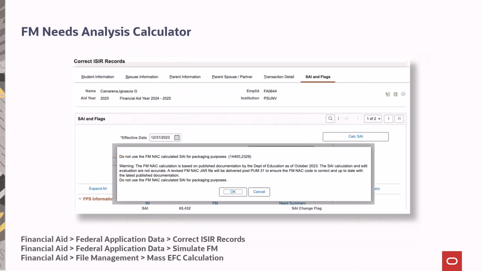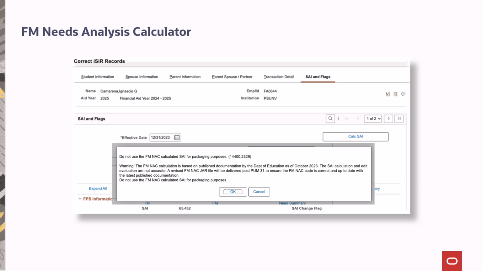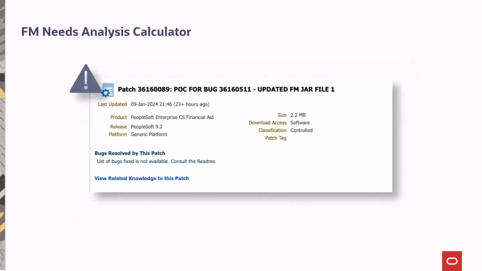A notification message is being delivered for the FMNAC online, FM simulation, and mass CFC calculations to warn users that the SAI calculated by the FMNAC should not be used for packaging purposes, as the FMNAC is not reflective of the latest published documentation from the Department of Education. An updated JAR will be delivered after PUM 31 to bring the FMNAC code in alignment with the updates communicated in the November and December 2023 updates to the Volume 5 of the FAFSA Specifications Guide.